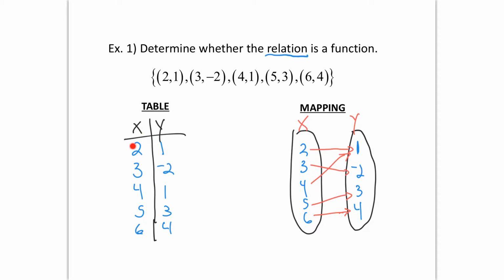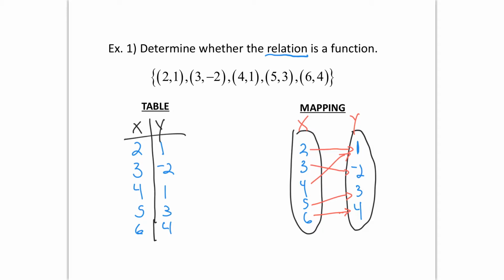Okay, so here's what we look for to know if it's a function from a table. If you have a table, look at the x values. If the x values are not repeating, yes, it's a function. From mapping, the x values, which are the domain values, only have one arrow going out. One arrow going out every time, yes, it is a function.